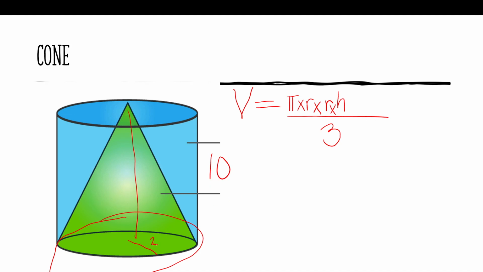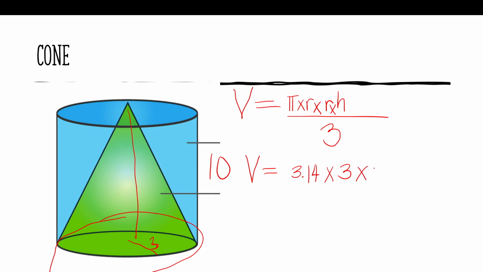Gawin pala natin itong trick. 3 units yung radius and 10 units yung height. Para maiba naman. So muli, the value of pi is 3.14. And then the value of the radius is 3.